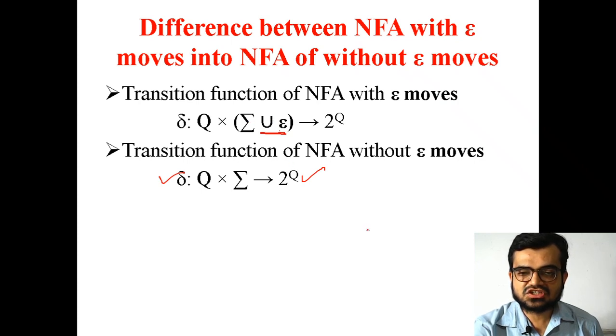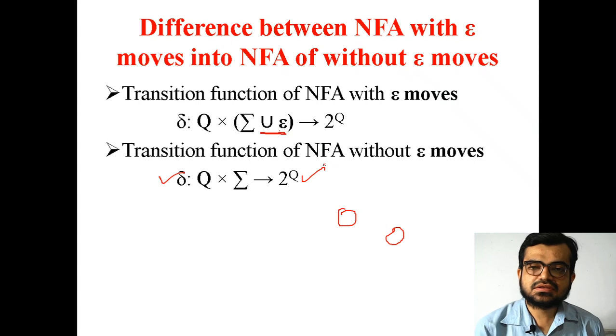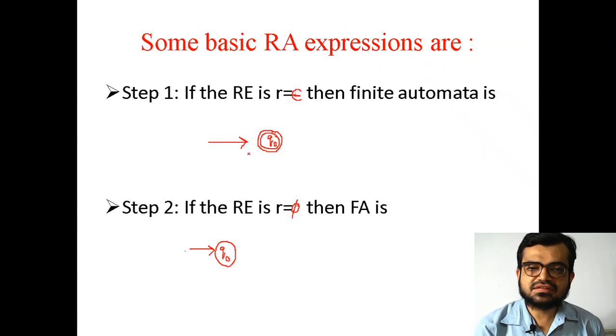If you are moving from A to B, by any sort of operation there will be an epsilon transition as well. We will see that with an example. And the process to convert this NFA with epsilon moves into NFA without epsilon moves is through epsilon closure.